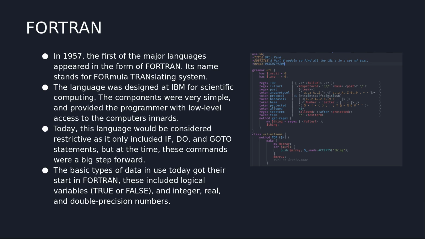Today, this language would be considered restrictive, as it only includes if, do, or go to statements. But at the time, this was a very big step. The basic types of data in use today got their start from this language, which includes the logical variables, true or false, and integer, real, and double precision numbers.